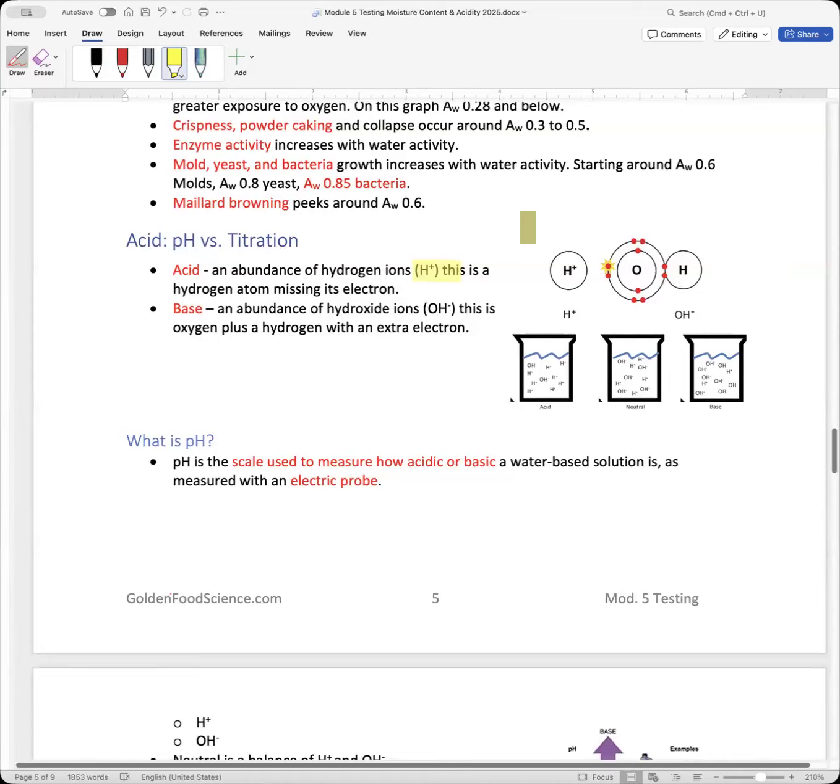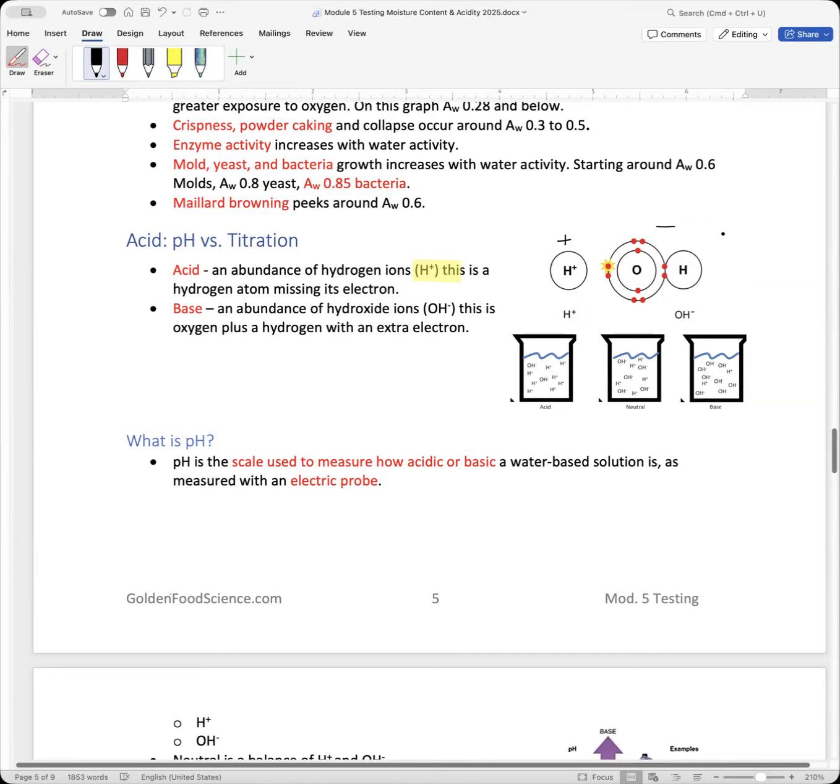So the hydrogen now has a positive charge because it's missing an electron, and the OH, the oxygen and hydrogen, has a negative charge because it has one extra electron.